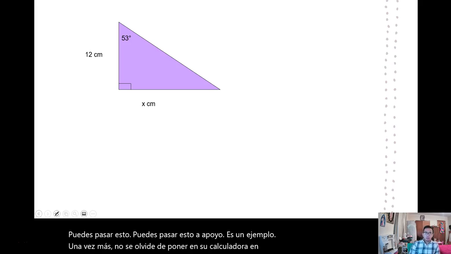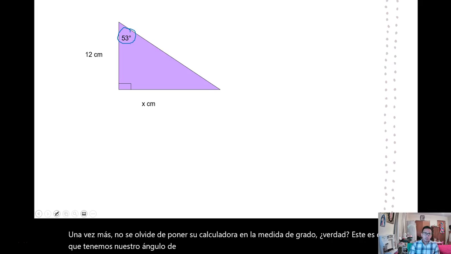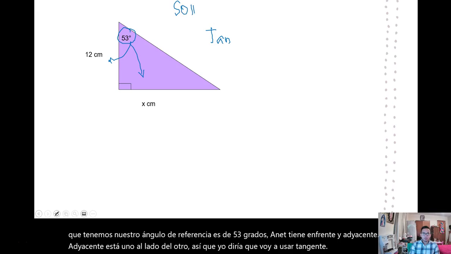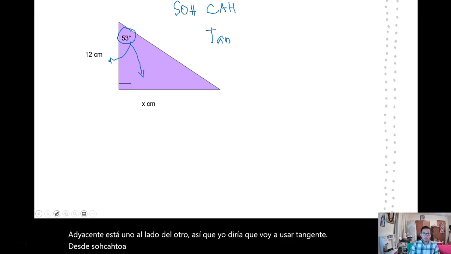This one, we have our reference angle of 53 degrees, and it has opposite and adjacent. Adjacent is next to each other. So I'm going to use tangent from SOHCAHTOA, because tangent is opposite over adjacent.